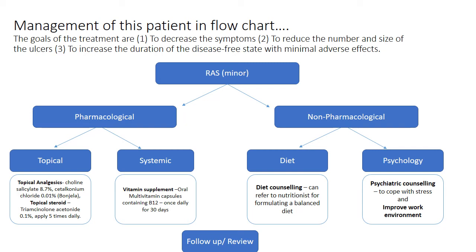Then finally comes the psychological part. Now we have a separate chapter dedicated to it. If you go through your textbooks, there are psychosomatic disorders, and it's a bit of a gray area. There are researchers who say that psychological components have a direct impact and can cause ulcers, or can be a triggering factor in a person for diseases.